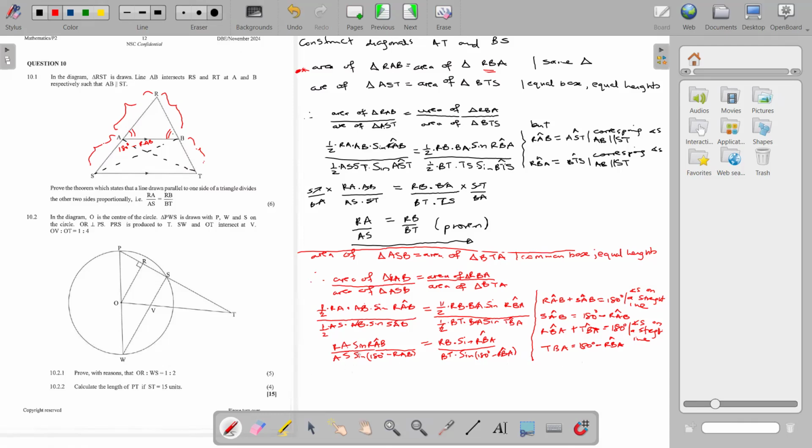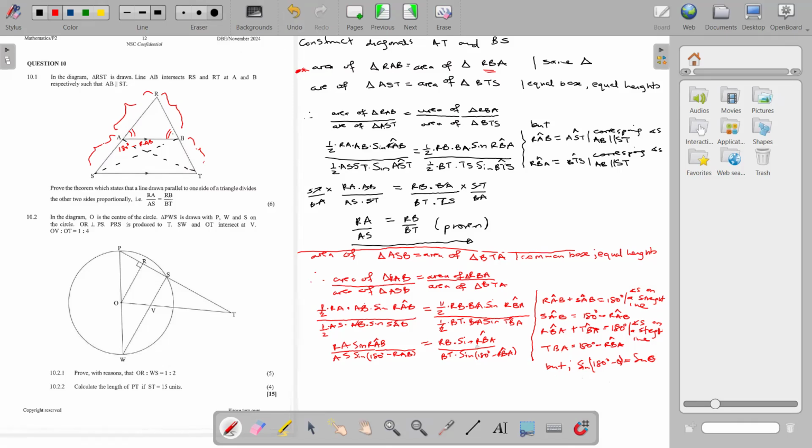Therefore, from our reduction, we know that sine 180 degrees minus theta is equal to sine theta.